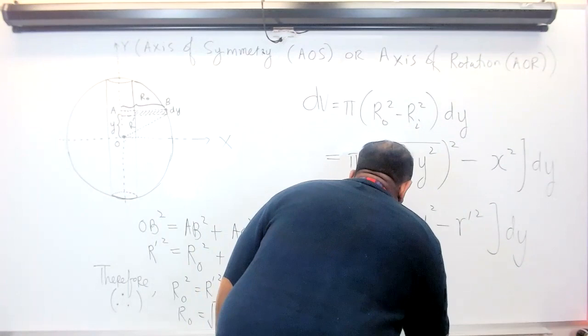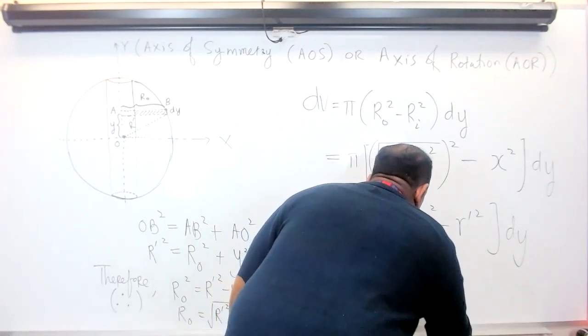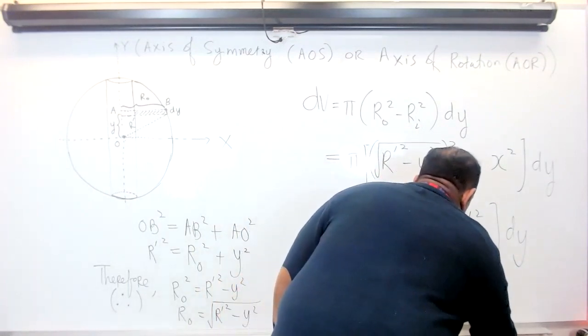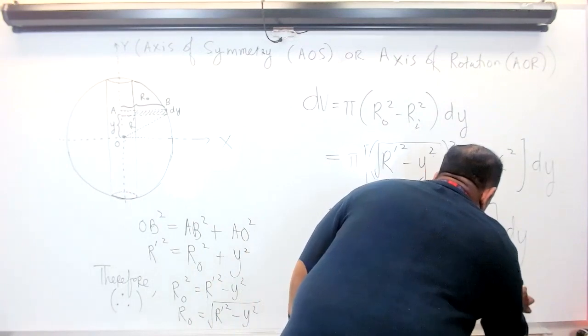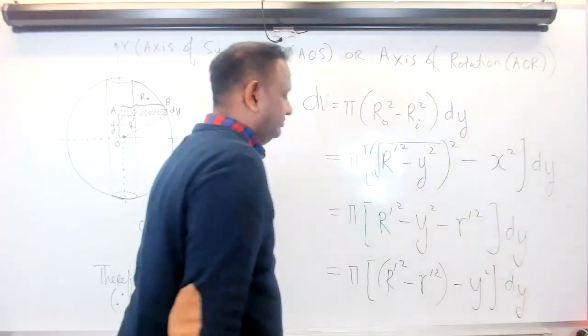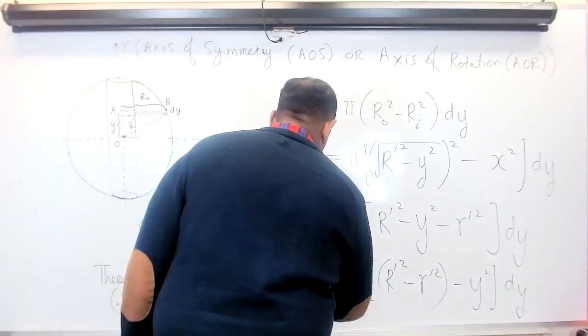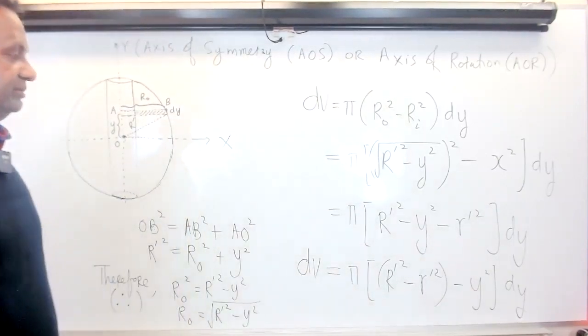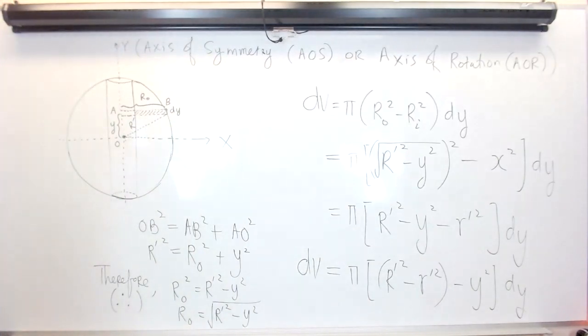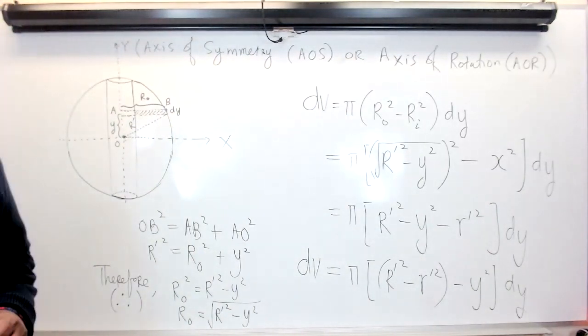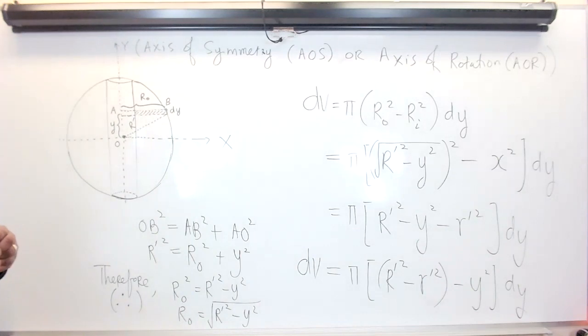This is a constant minus this is a constant, see, and minus y squared dy. See, that's the volume of the washer. Okay. Volume of the washer.